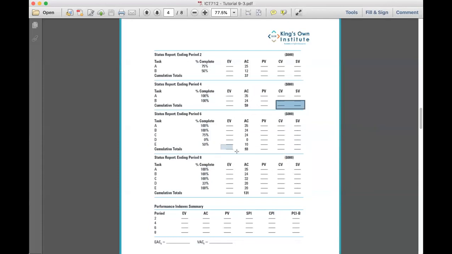What about period 6? It's 122. Yep. What about planned value? 110. What's the cost variance and schedule variance? 25 and 8.